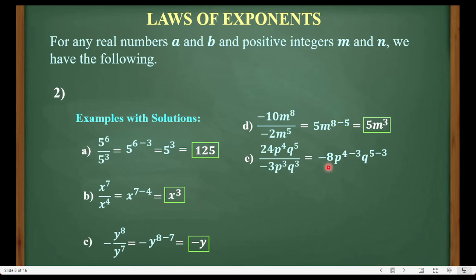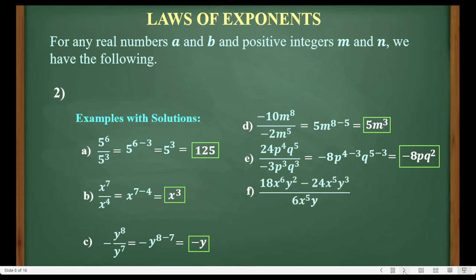And simplifying this further, we have negative 8 p to the first, or p, then q squared. That is 5 minus 3. And this is your answer. Okay? Next, we go to probably the last item, letter F.